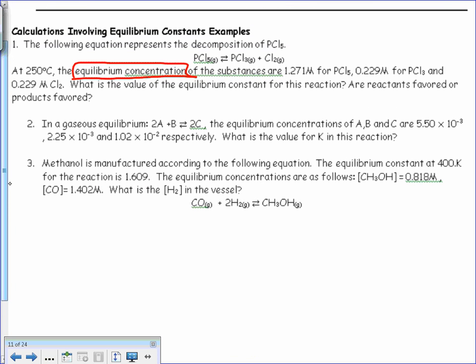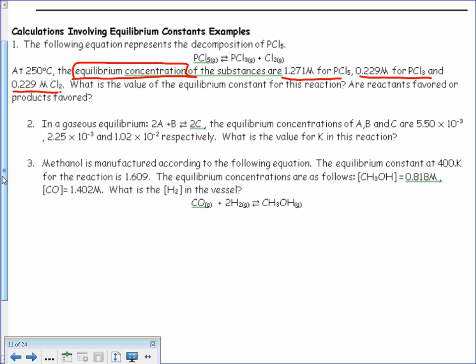So here's our reaction. The very first thing I'll say is read it. What do you see is given to us? The molarity for phosphorus, what's PCl5? Pentachloride. We got the molarity for phosphorus trichloride and chlorine gas.